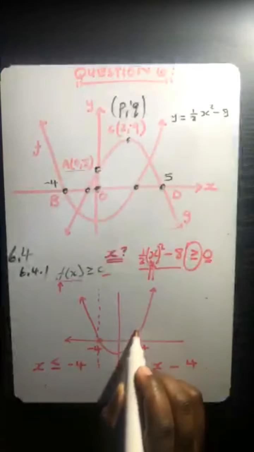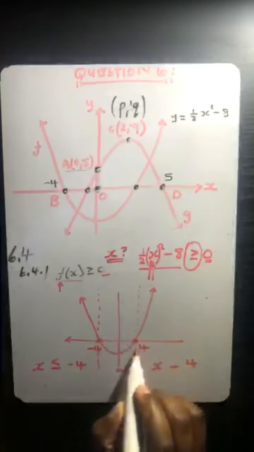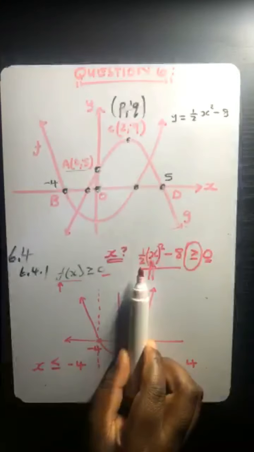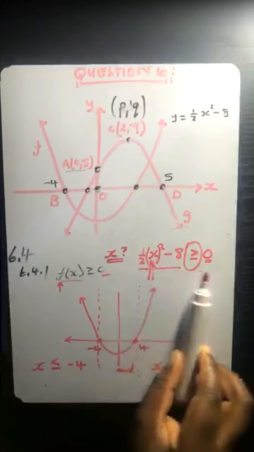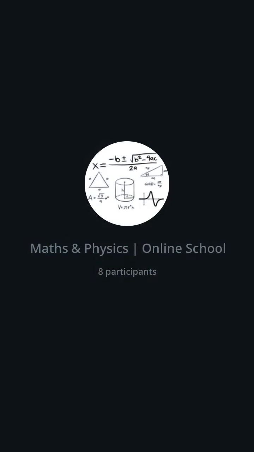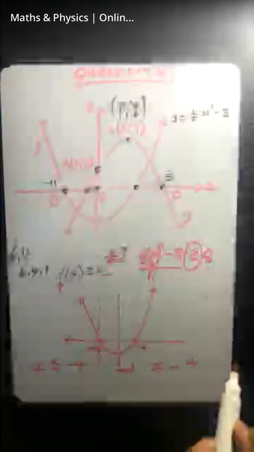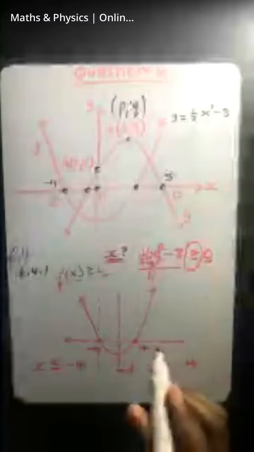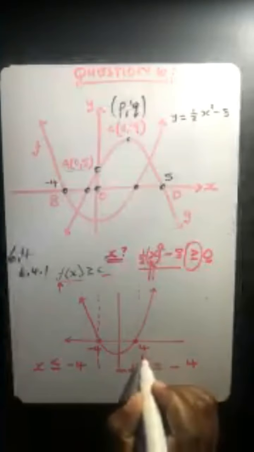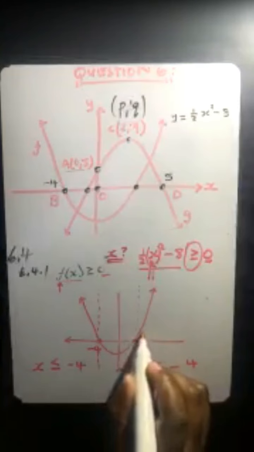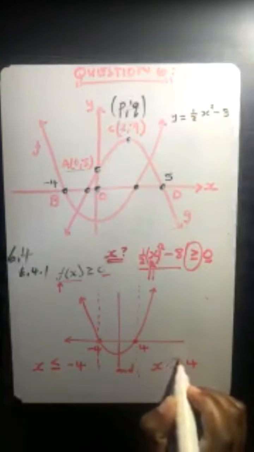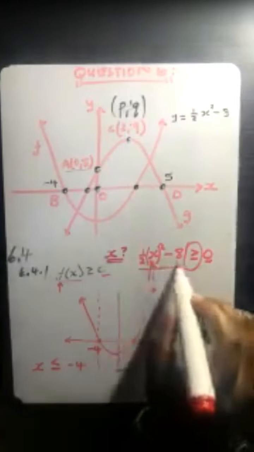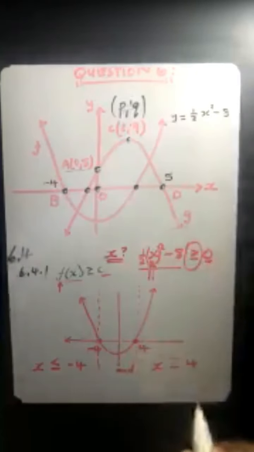From that +4, from that +4, all the x values in that direction will give you a value which is greater than 0. So that is why I'm going to say where x is either 4 or otherwise greater than 4, that's where you're going to get f of x being greater than or equal to 0.